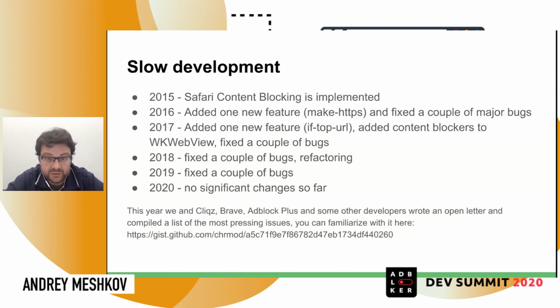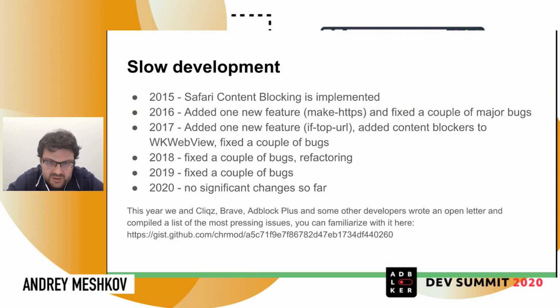And last but not least, content blocking development in WebKit is rather slow, if not to say more. Let's have a look at the changelog of the Safari content blocking API. So 2015, it was implemented. So a lot of changes, of course. 2016 added one new feature, and a couple of major bugs were fixed.